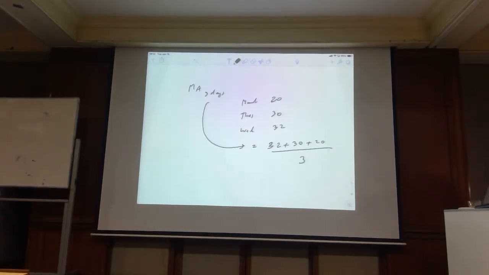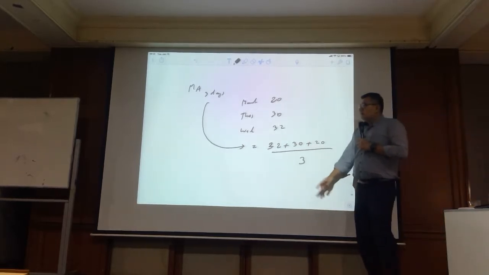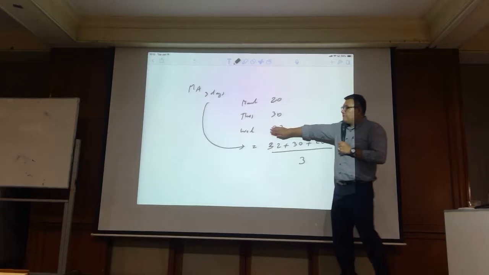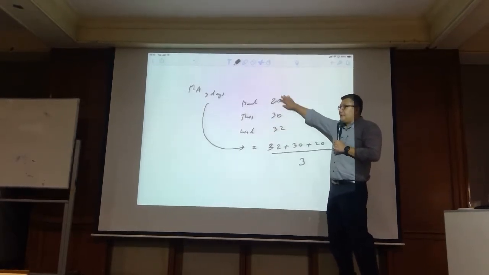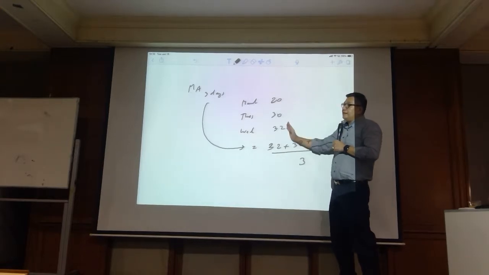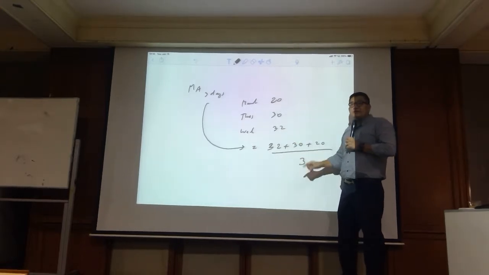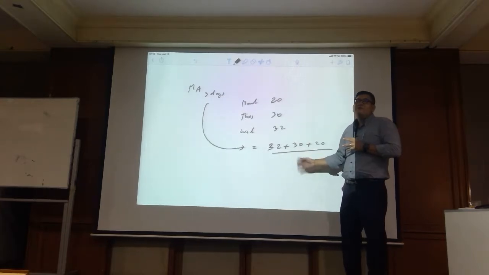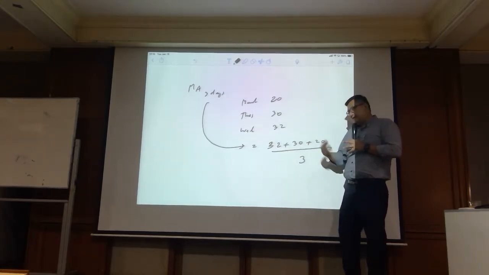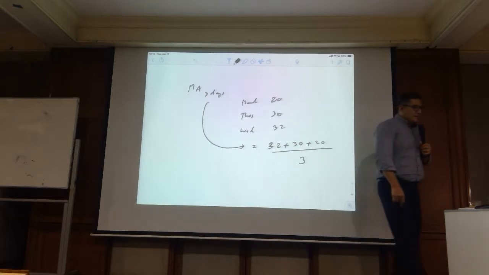So moving average starts with the current one that you have and goes back over the period that you want to average. The key is how many periods you're going to average, so it depends on the user, right?